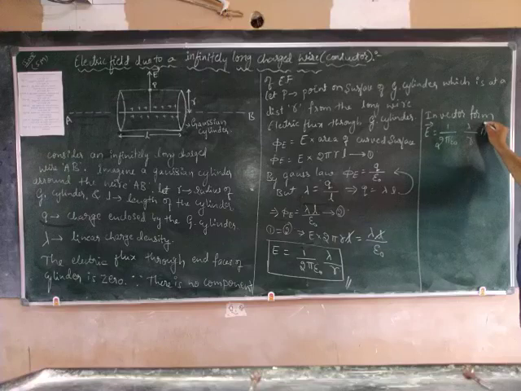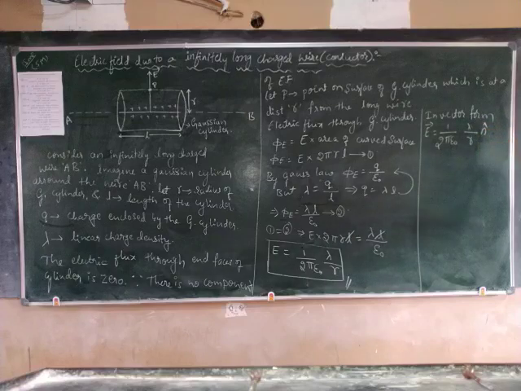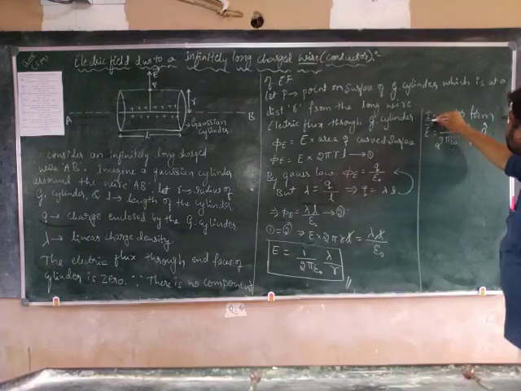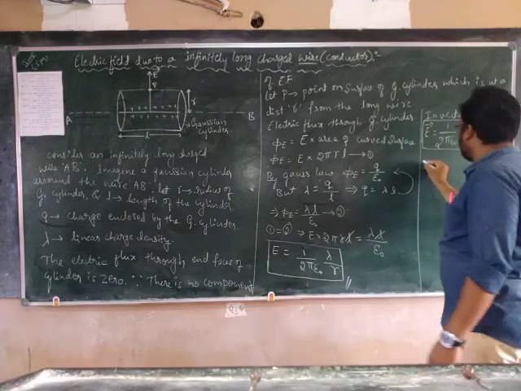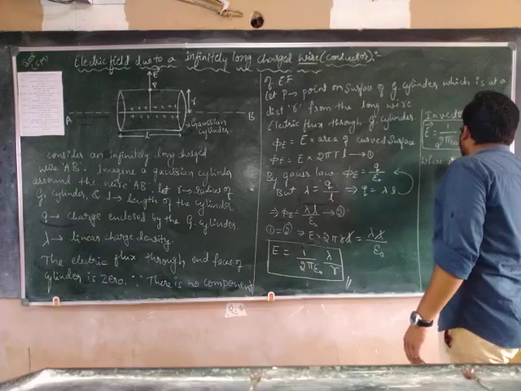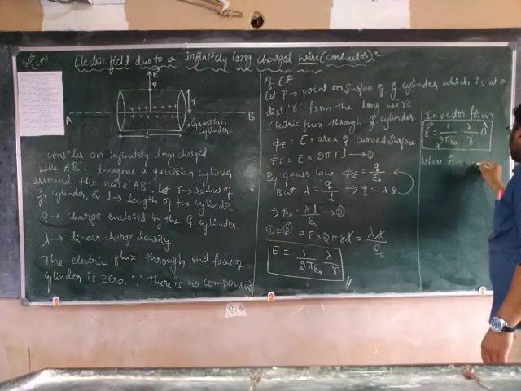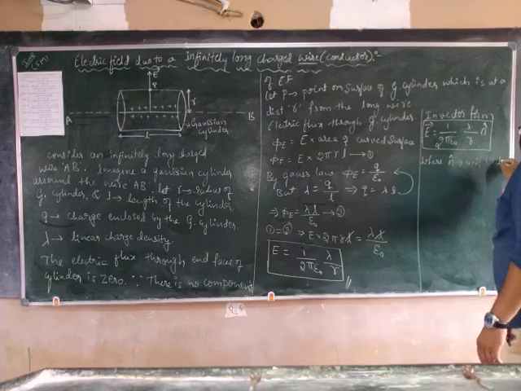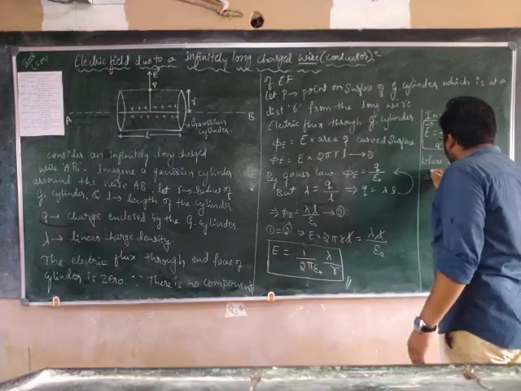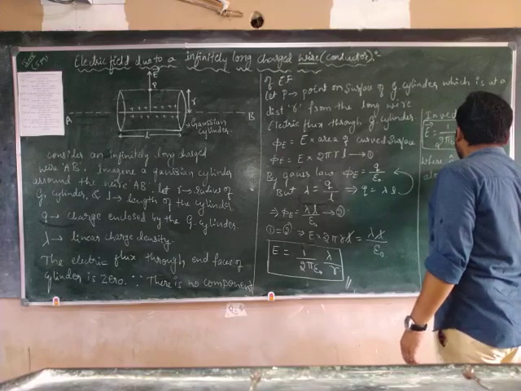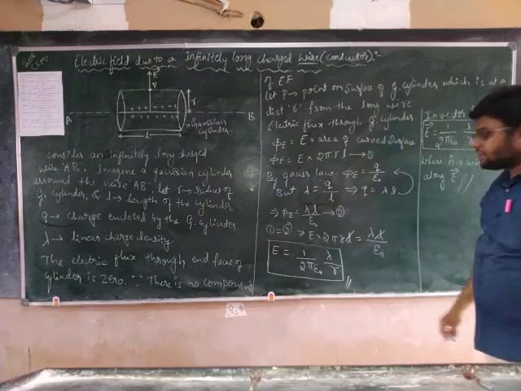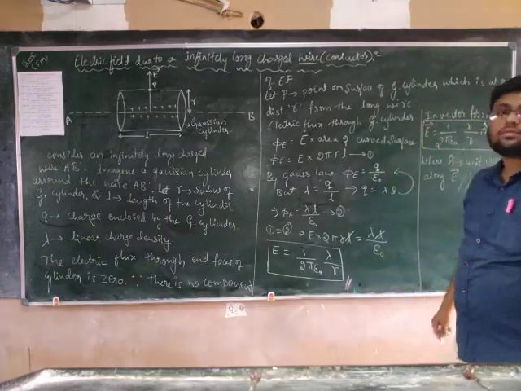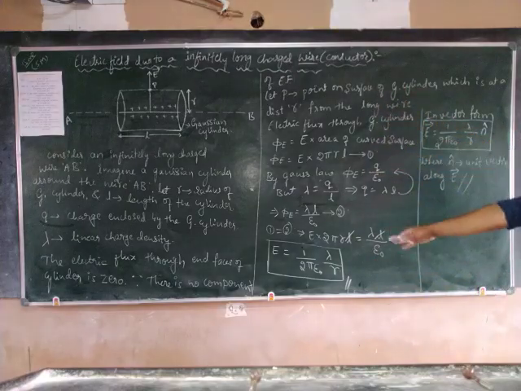So in order to give only the direction, I'll take the unit vector n cap, where n cap is the unit vector along the direction of electric field. Is it clear? So if you have asked for examination, you have to write till this one. It will carry the 5 marks.